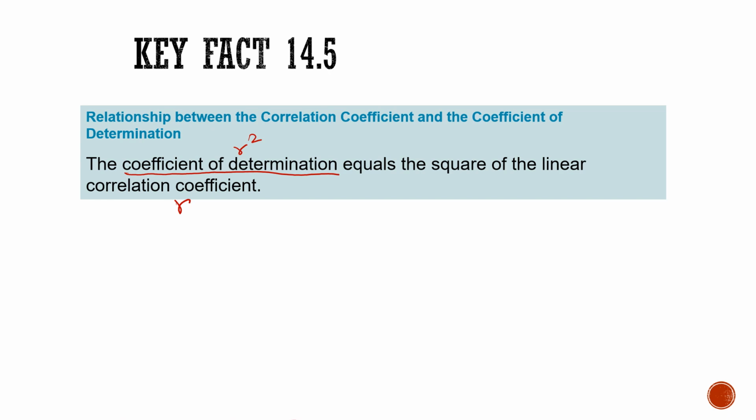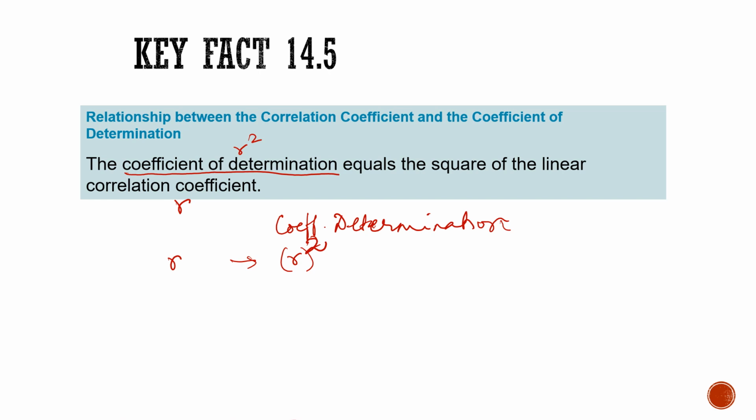So does that mean that if you find your r value, you can simply square it and get your coefficient of determination? Yes, you can. Once you know your r value, you can just square it to come up with the coefficient of determination, if you've calculated the r value correctly.